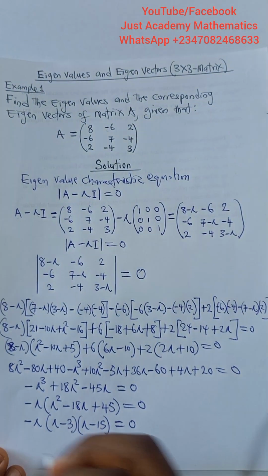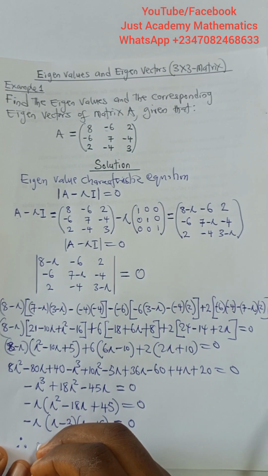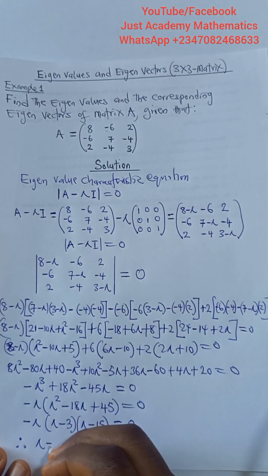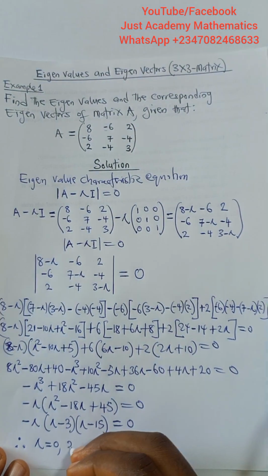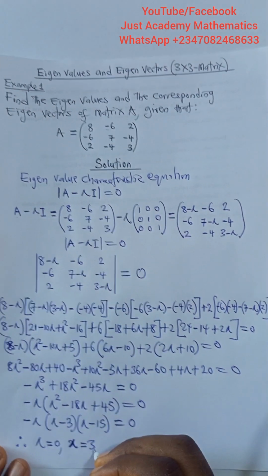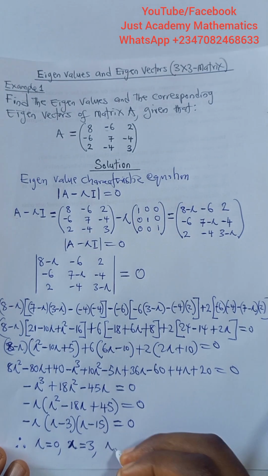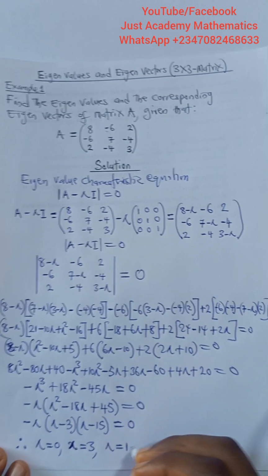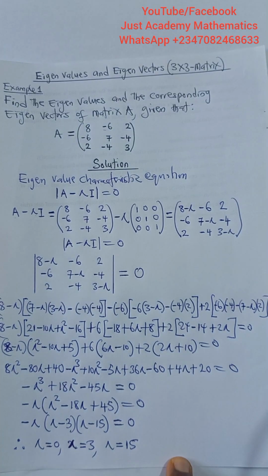So therefore, this first one is equals to 0. That is to say that lambda is equals to 0. Lambda minus 3 equals to 0 will give you lambda equals to 3. Lambda minus 15 equals to 0 will give you lambda equals to 15. So these are the eigenvalues.